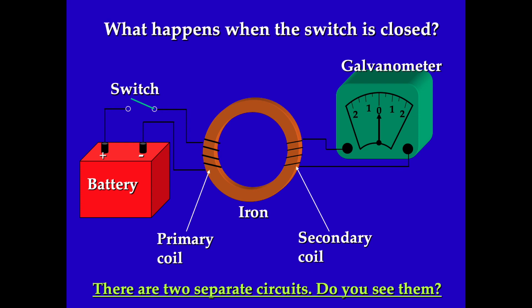You're going to have a change in flux through this loop on the right. So if I close this switch, I'll have a time-dependent current, time-dependent magnetic field. Then you're going to get a change in flux through here, and then this galvanometer will deflect. I have two separate circuits.